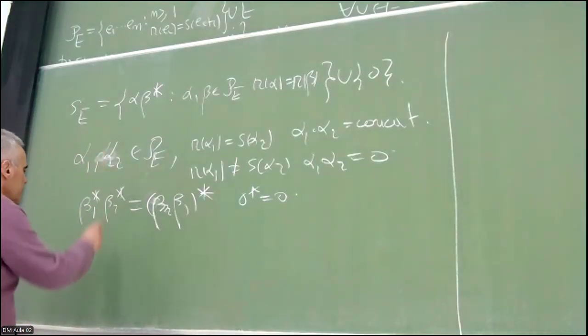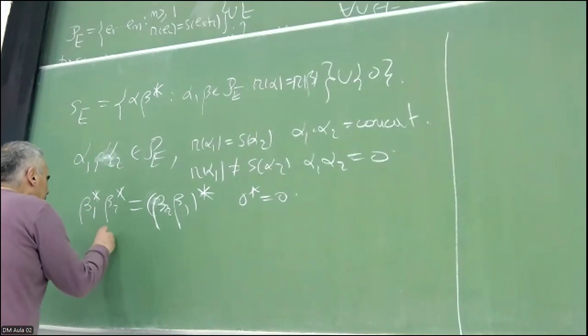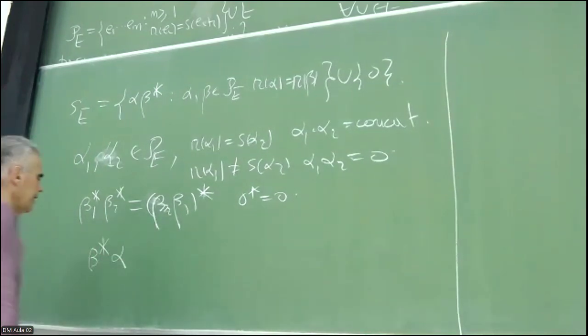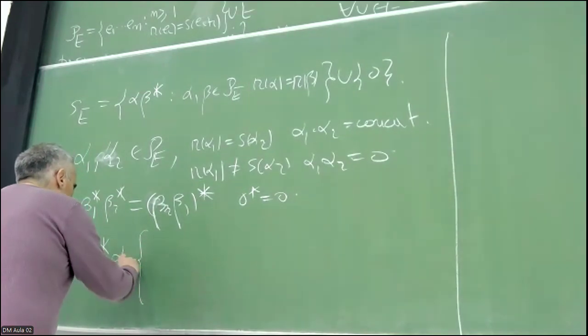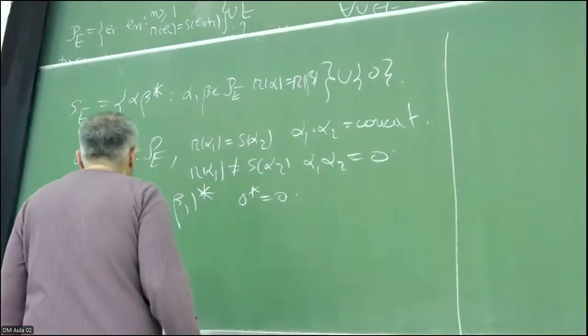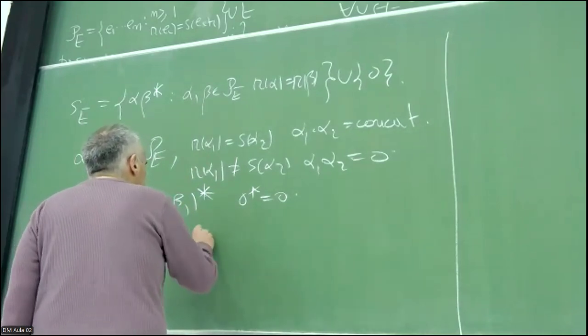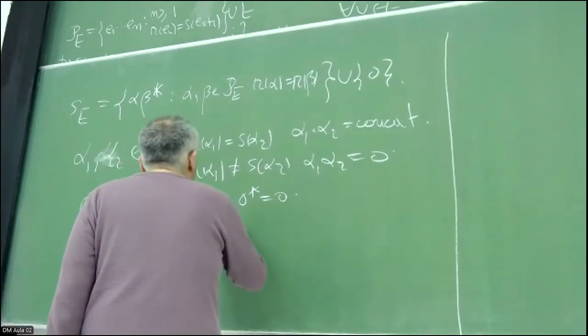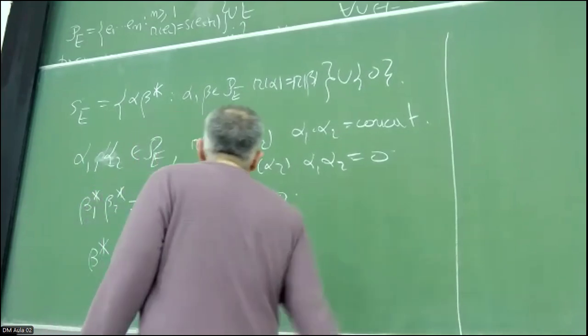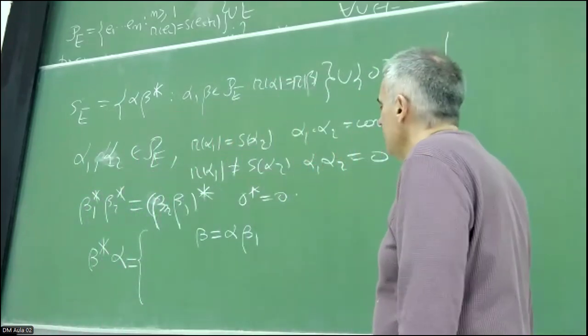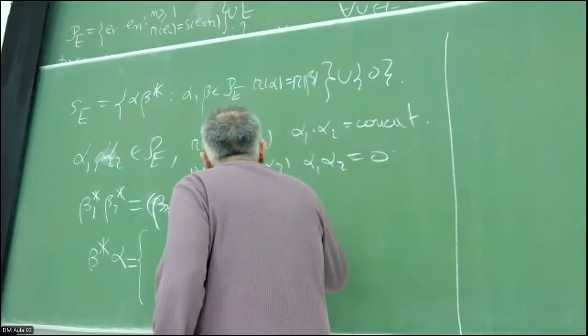And now I had to tell you how I multiply the beta stars times the alphas. So if beta is smaller than alpha, so what do I mean smaller?